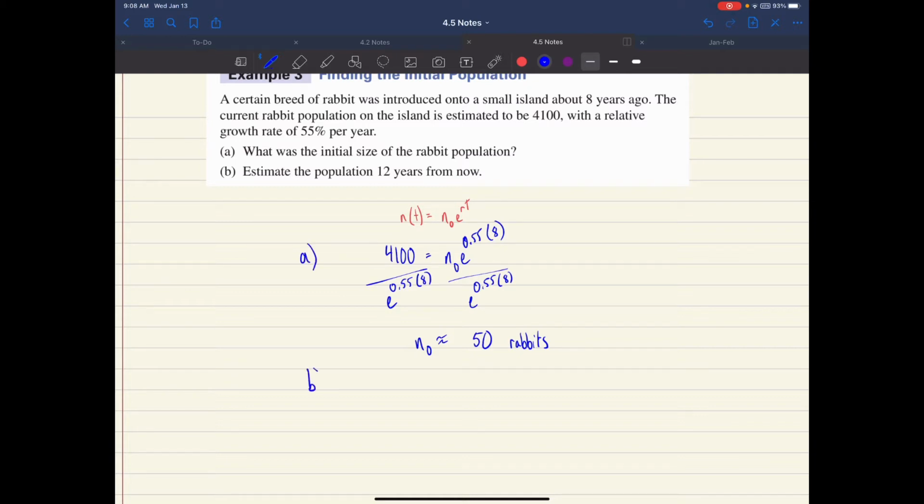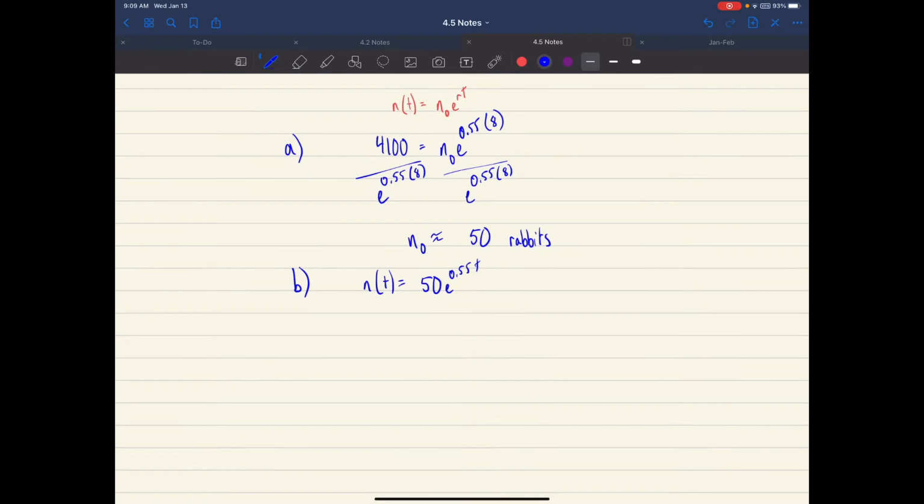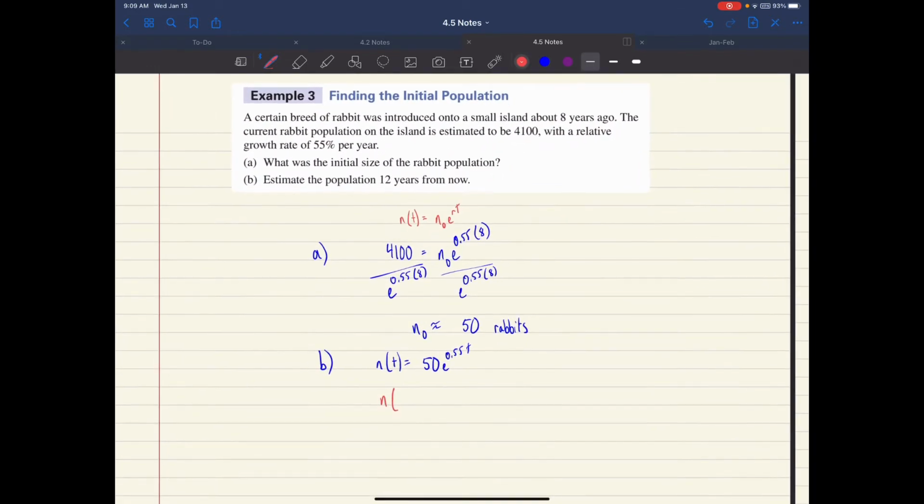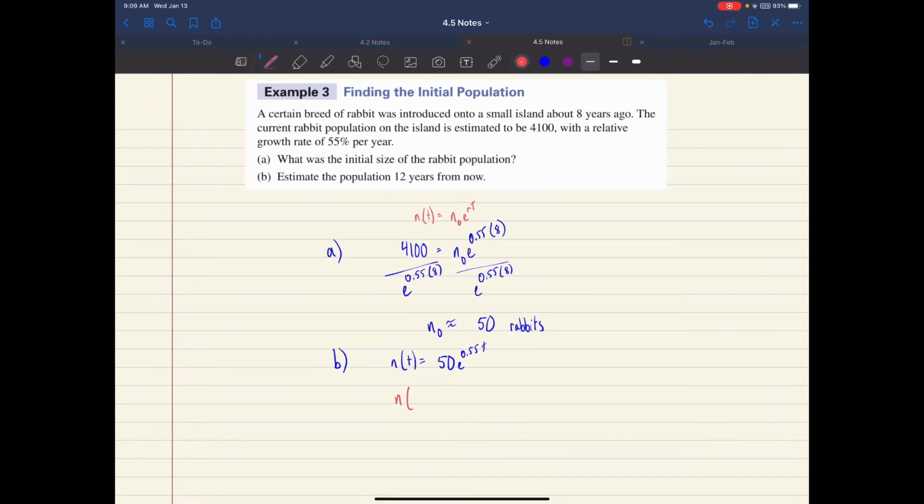Let's look at B. It says estimate the population 12 years from now. Well, we have the model. I'll just write the model out. It would be N of t equals 50 times e to the 0.55t. So that would be our model that we'd use. And then we just calculate N of, let's see, it says 12 years from now. So the rabbit population started out 8 years ago at 50.